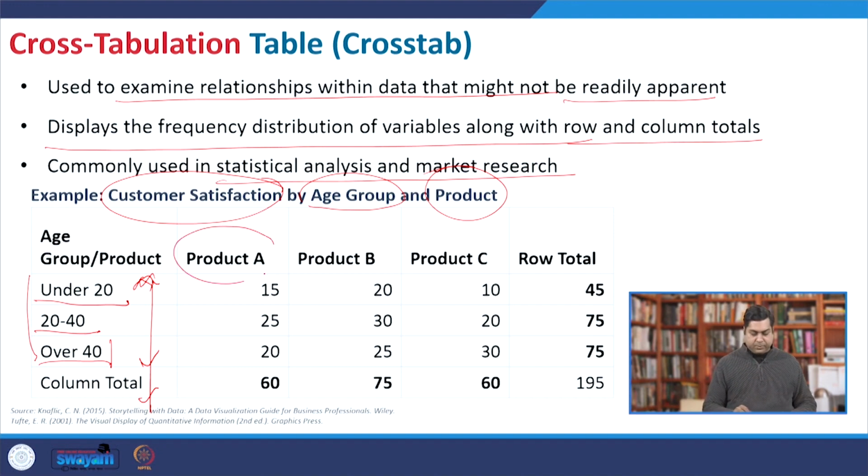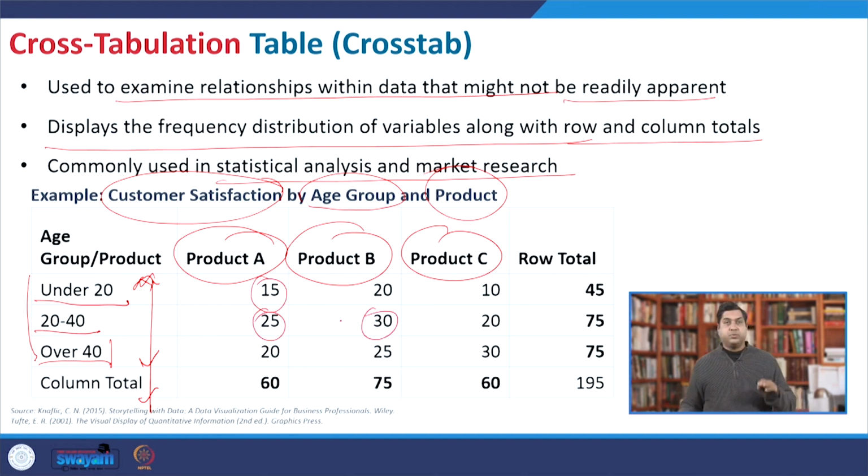Then you have products A, B, C, three products, and these individual values are the customers who are satisfied with that product. Here you can see the difference among the age groups that are considered as customers and also the different types of products.